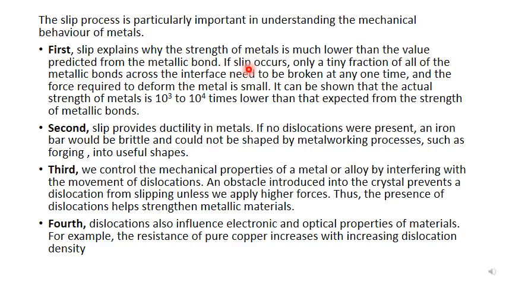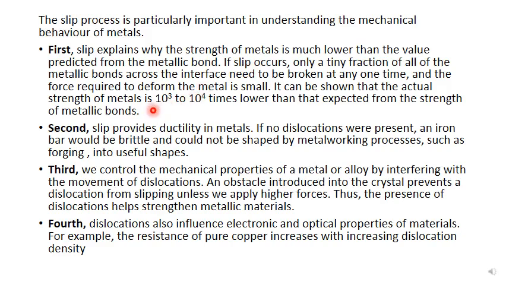The metals and alloys are ductile just because of having dislocations. And without dislocations, as we mentioned in the last slide, the metal would need a lot of energy to be deformed.